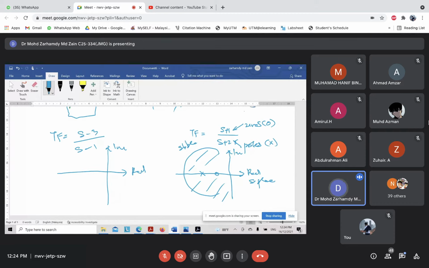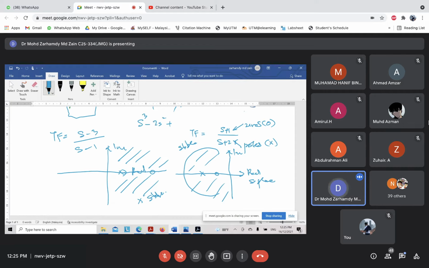So kita ada sini 1, and also we have 3. So if our root is located in the right hand plane, this region is unstable, tak stabil.